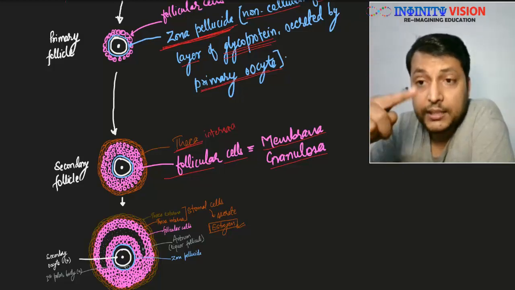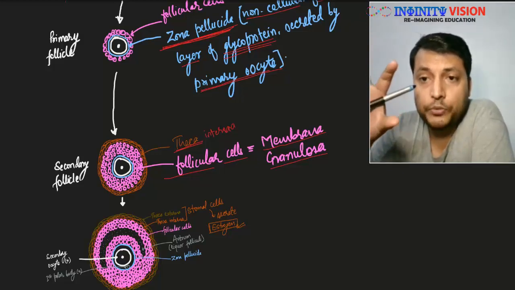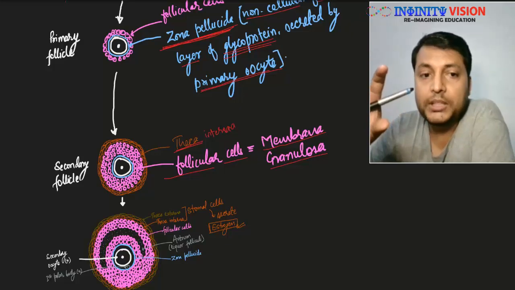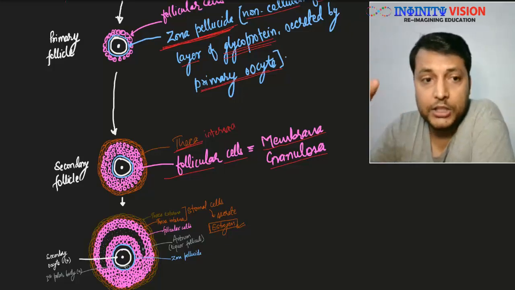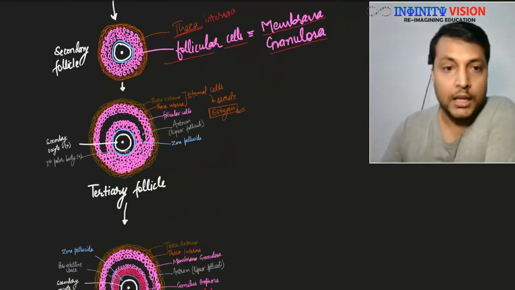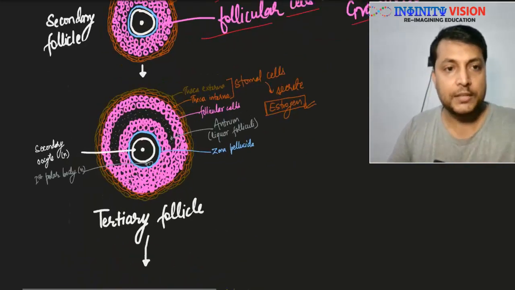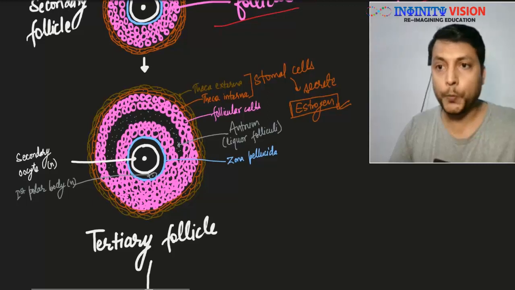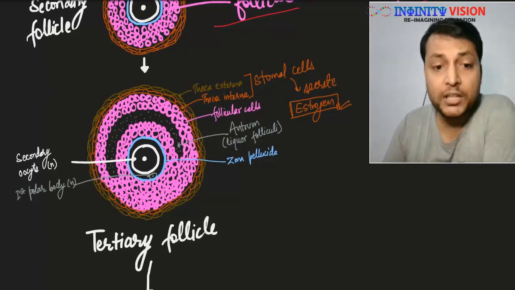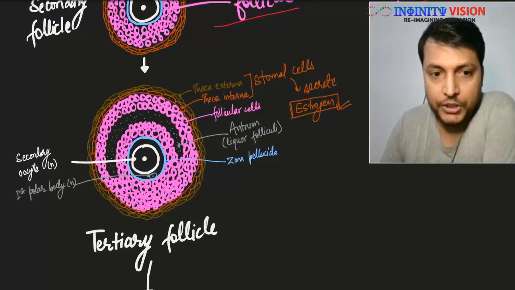Now this structure, this ovarian follicle with theca interna, is the secondary follicle. This will further grow and become the tertiary follicle.